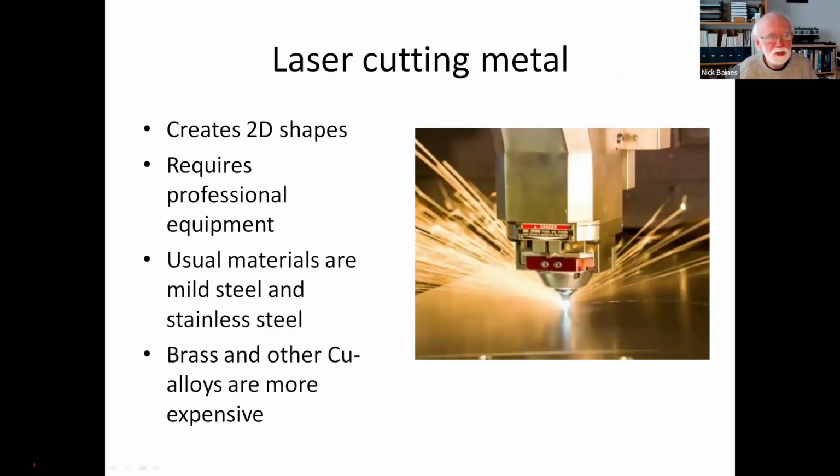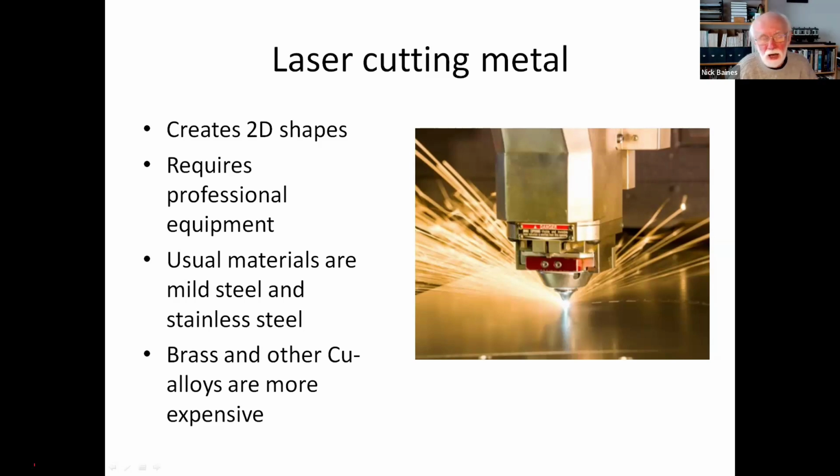So first off, laser cutting metal. This is one of the ones that you really don't want to be doing in the spare bedroom. It uses high power lasers, it generates a lot of heat, and it's altogether very unsafe if you don't know what you're doing.